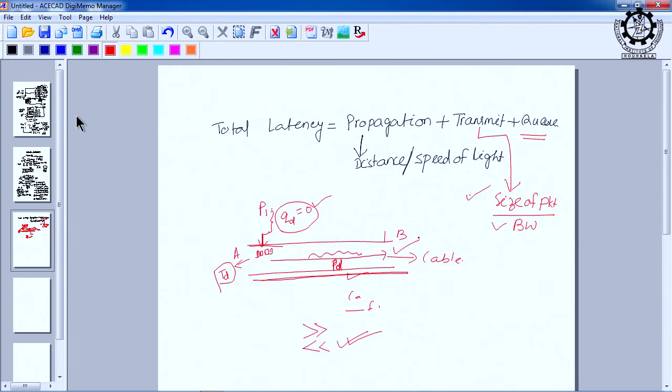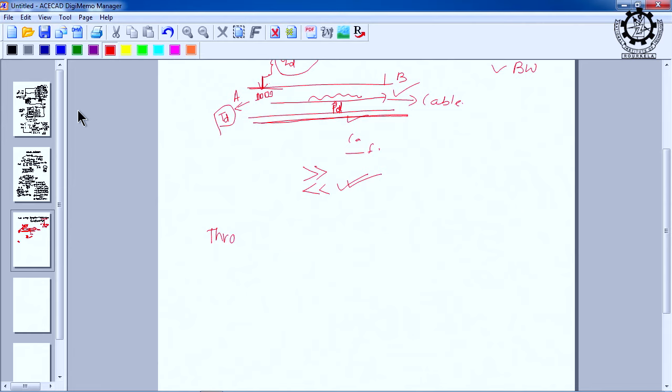And another term that we studied is the throughput, which usually comes from the term bandwidth. So, what is throughput? As we discussed, bandwidth is the actual capacity of a channel: how much data, or bits of data, it can hold or transmit at any point of time.